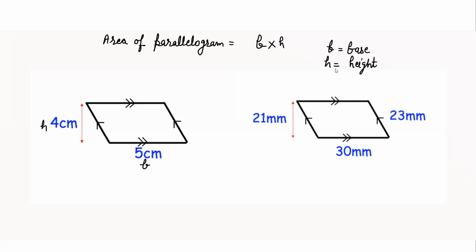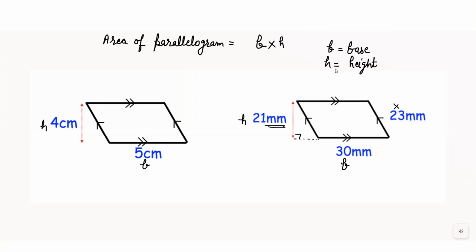In the second parallelogram, I will consider this 30 as base and this one as height, because if you can see this 21 millimeter, it's going to make this 90-degree angle with 30 millimeter. So I will consider 30 millimeter as base, not 23 millimeter as base.